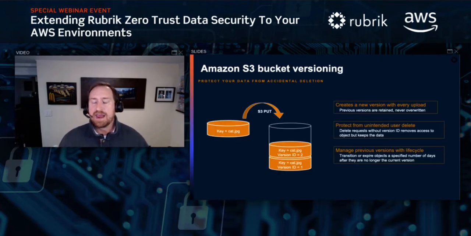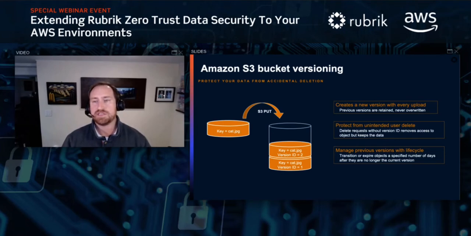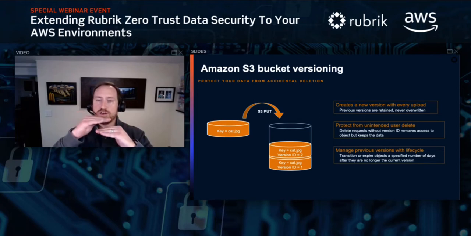Now, when we look at how ObjectLock works in S3, it's built on that same layered foundation of a cake that we talked about, with multiple layers of safety. The first layer of safety for your data in S3, above and beyond just that multi-AZ architecture, is versioning. In order to take advantage of immutable storage in S3, the first feature that has to be enabled is bucket versioning. This allows us to have an always-append model for your objects. Instead of overwriting an object, we'll just create a new version.